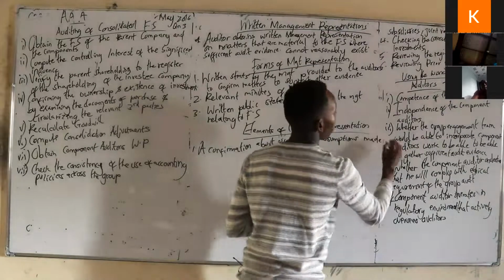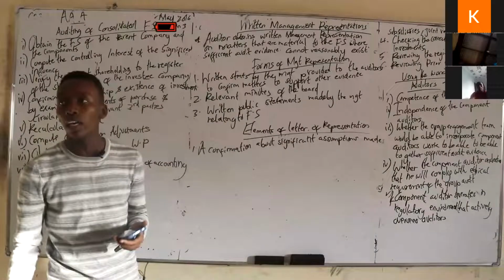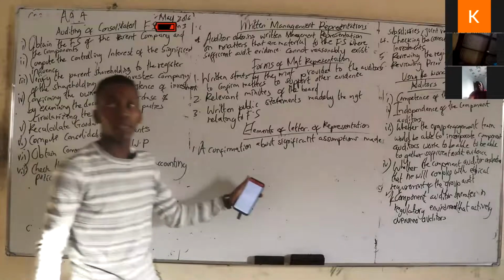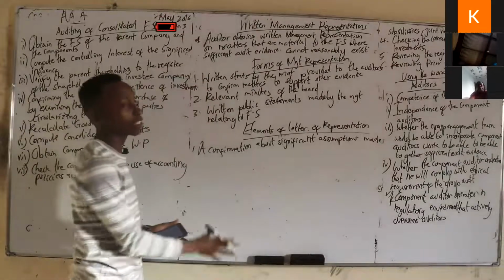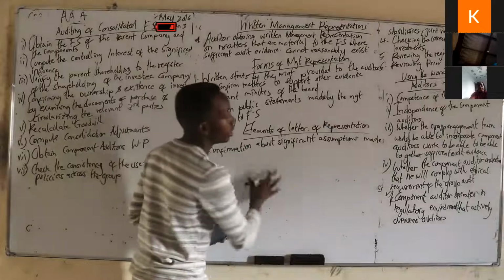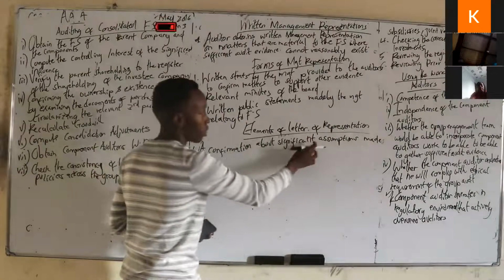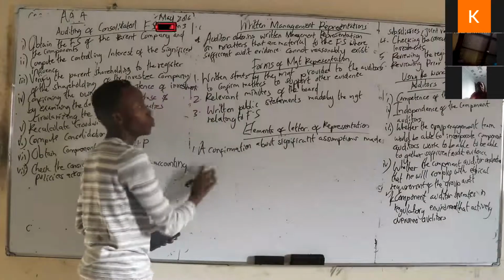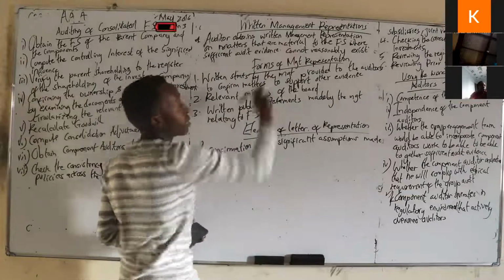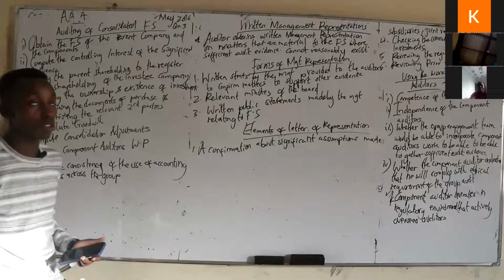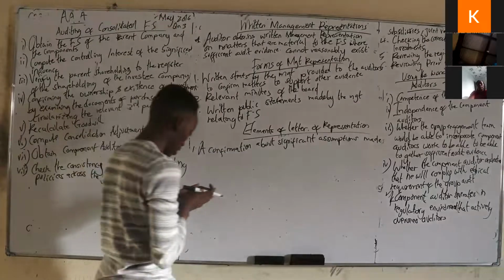For example, when we were discussing the audit of accounting estimates, we said that accounting estimates are necessarily based on certain assumptions. The basis of such assumptions will be stated in the written management representation.